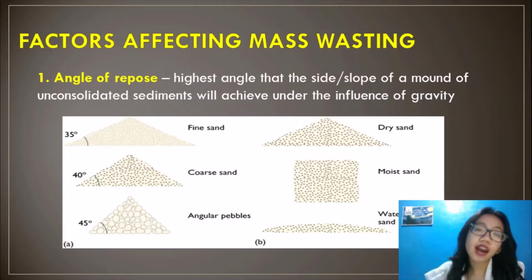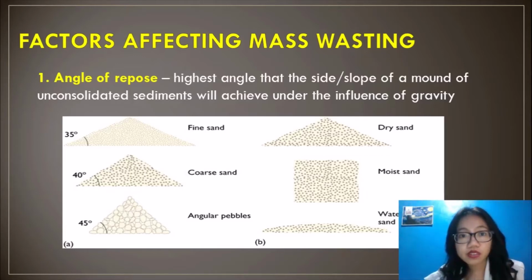There is a higher tendency for materials to undergo mass wasting if there is a steep angle. So angular pebbles will most probably go through a mass wasting event compared to fine sand, which has a smaller angle.